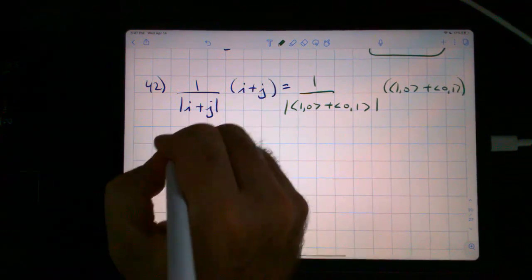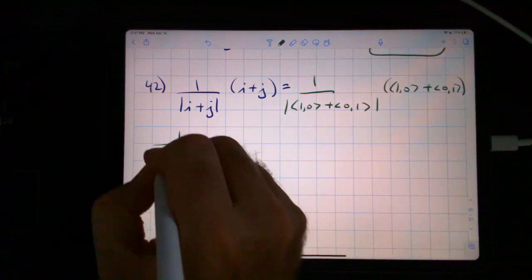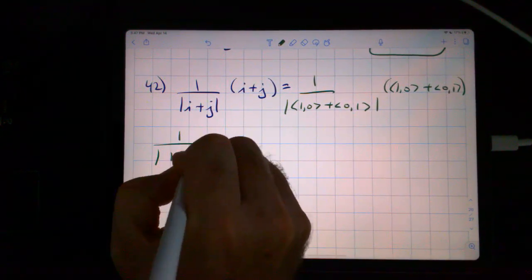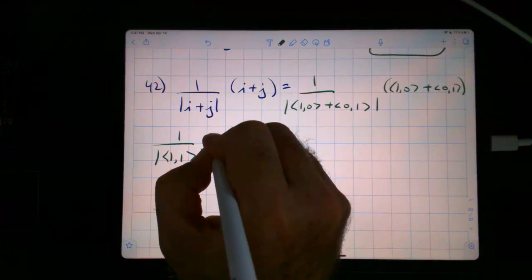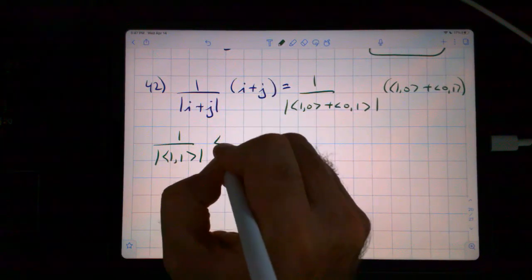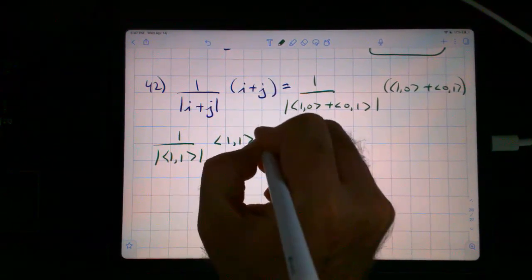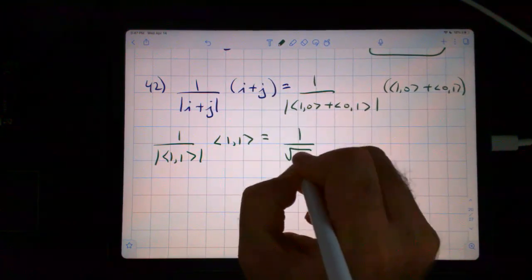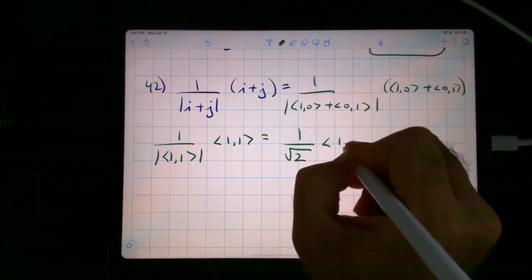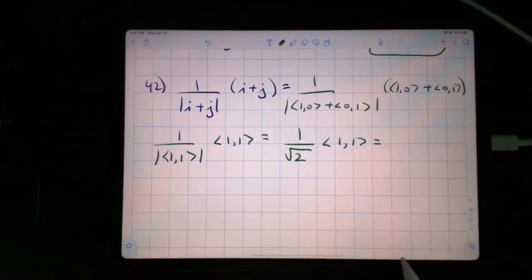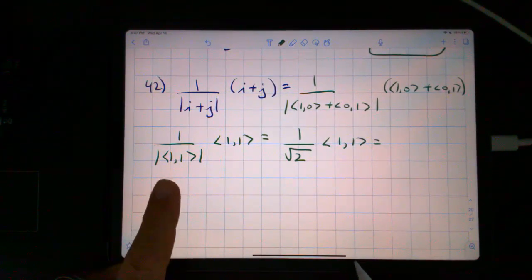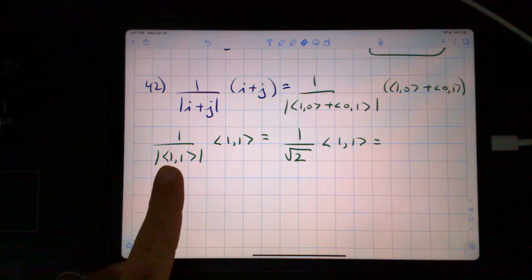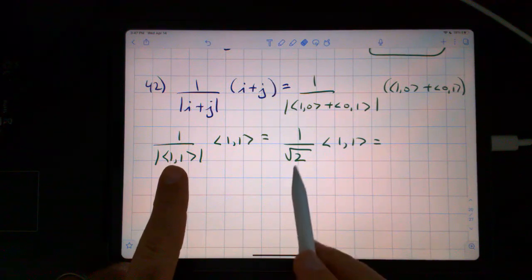Okay. This is going to be square root of 1 squared plus 1 squared.